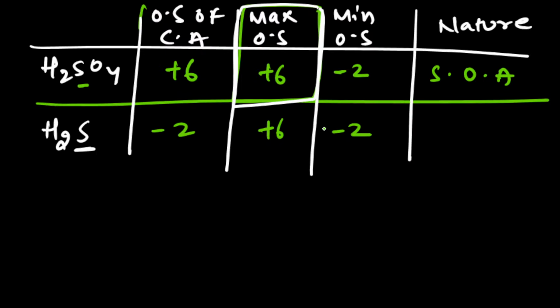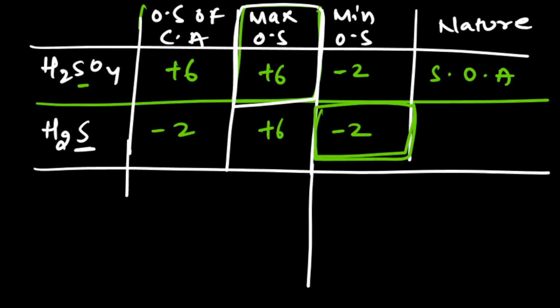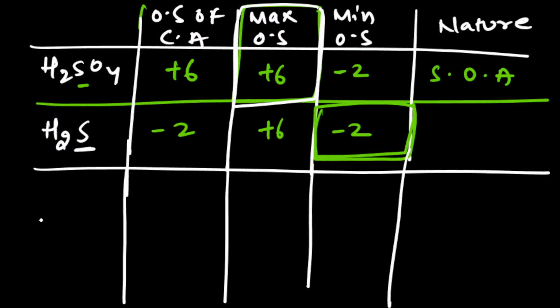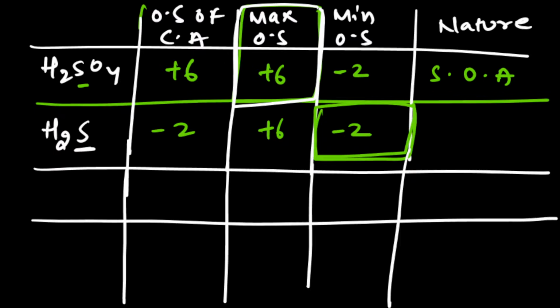If it is present in its minimum oxidation number, then what will it act as? Fast, be fast. This is a strong reducing agent.